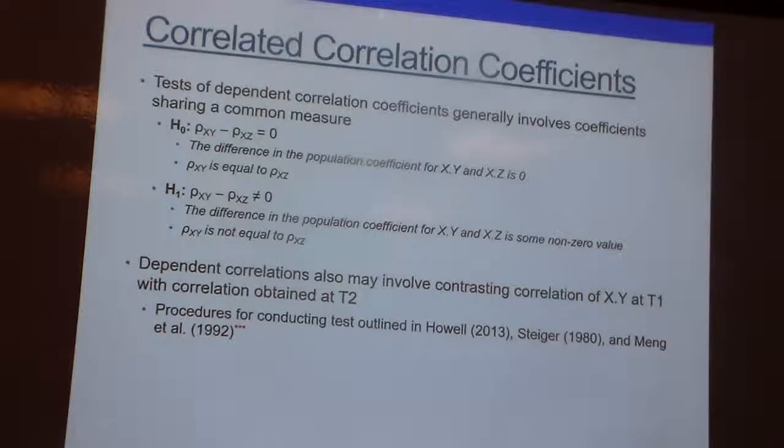I'm interested in the relation of X1 and X2 and X1 and X3, but when I'm calculating this test, I need to know how X2 and X3 are related to one another, because whether X2 and X3 have a very weak or very strong correlation is going to influence the test of the correlation between 1 and 3 and 1 and 2. Okay?